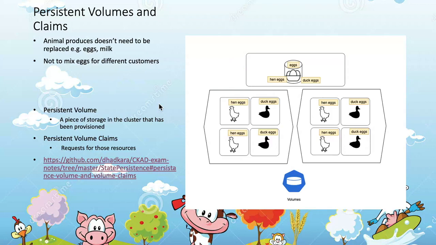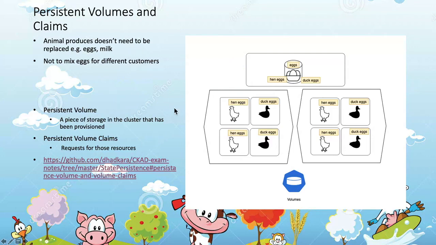I have an analogy here. Let's say you want to collect the eggs of a duck and a hen, and if your duck is sick and you change the duck, you don't want to just throw away those eggs, right? You want to collect them and keep them somewhere. That's where the concept of persistent volumes and volume claims comes in.